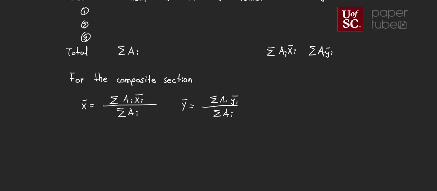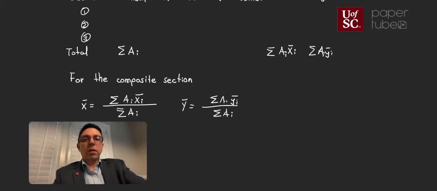That's it. So in a nutshell, what you want to do is break down that area of that composite section into smaller areas. You want to locate the centroid of each of those areas, and then at the end complete that table and do the equation that we saw.